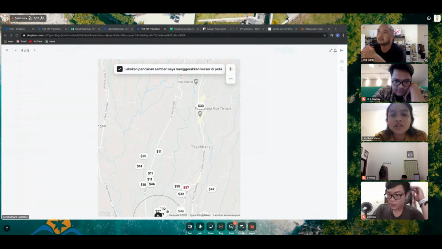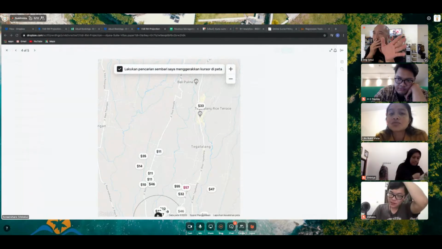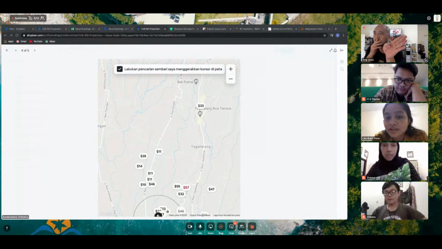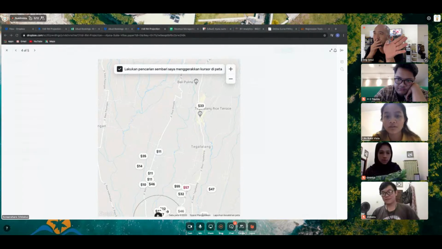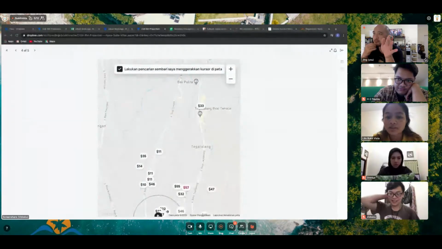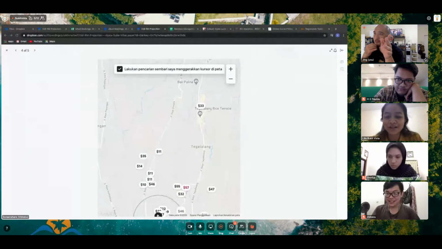But I decided to use the price because it's close to the current price the owner offers. Yeah, that's also my problem with searching for similar properties around our projected property. Maybe that's what I can tell for Vidi.